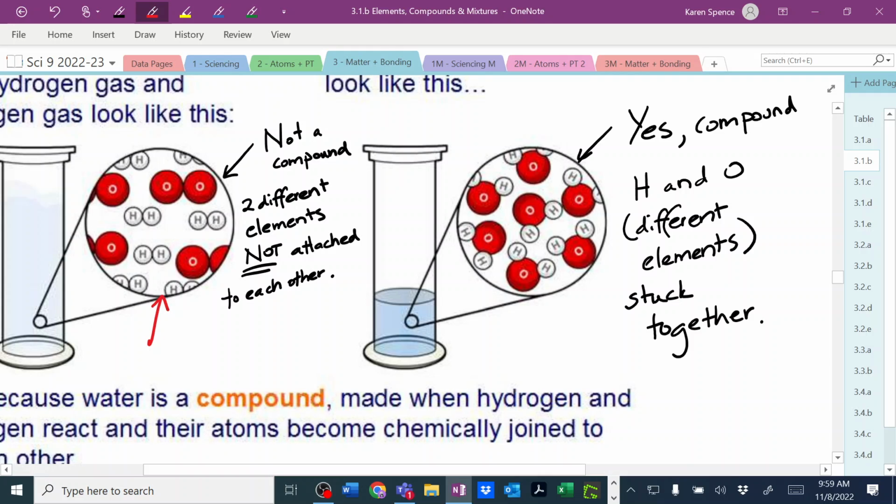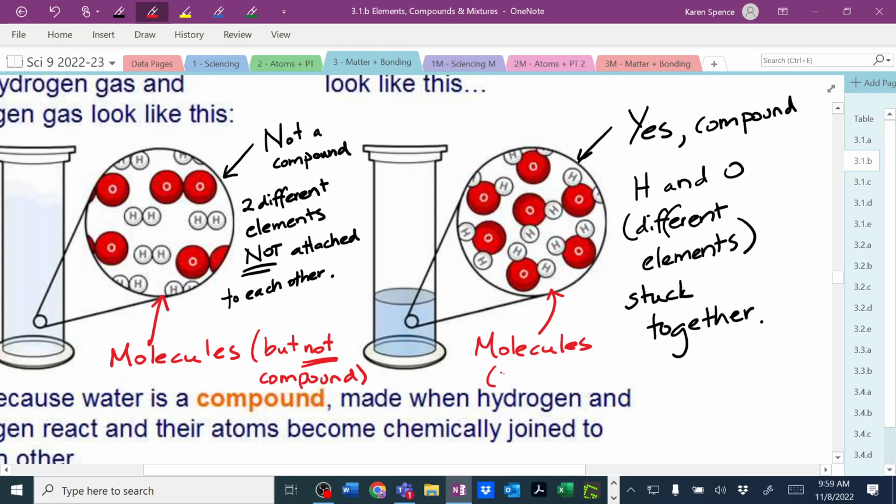So we have molecules, but not compounds. And here we also have molecules. Yes, compound.